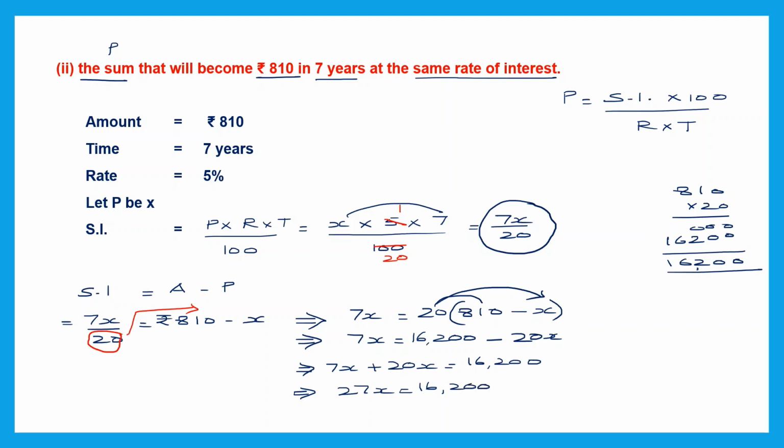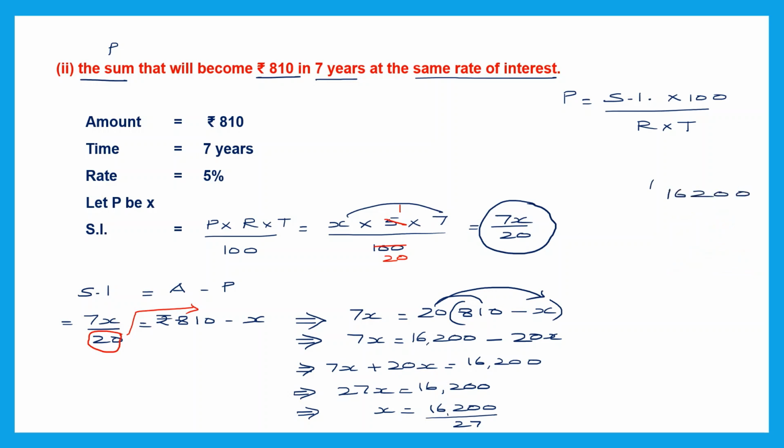That means to find the value of x, I should say 16,200 divided by 27. I can divide 16,200 by 27, or I can cancel it. Okay, let's do this division. Let's multiply 27 into 6. 6 sevens are 42, carry 4, 6 twos are 12, 13, 14, 15, 16.